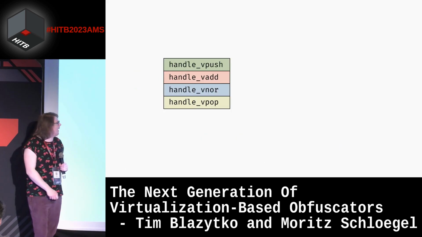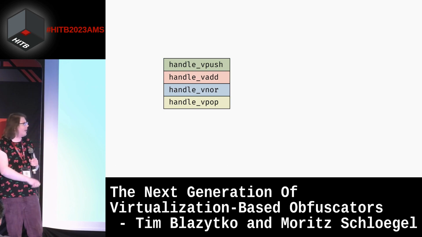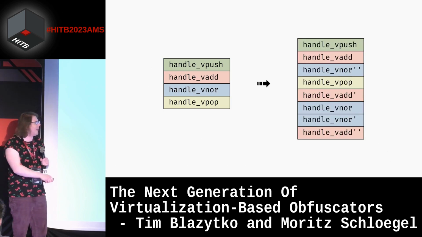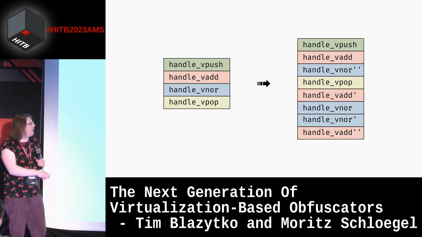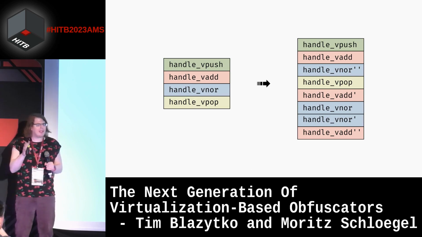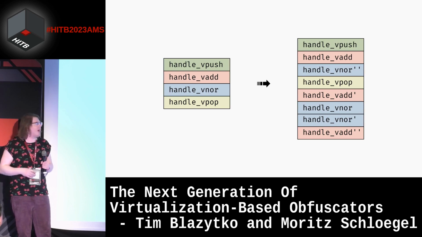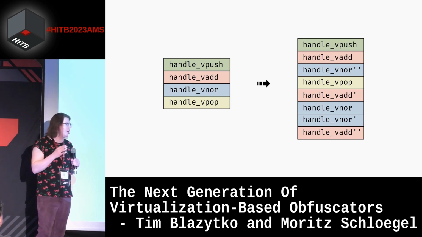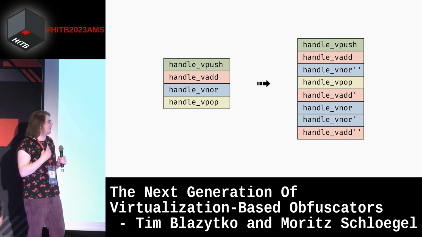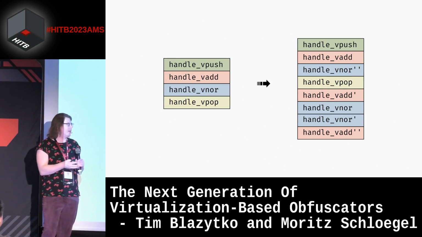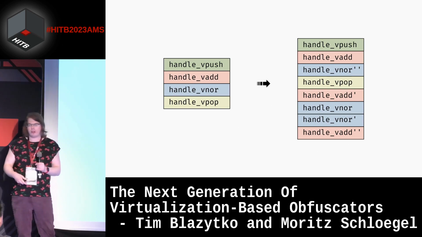So, instead of having some handlers, we just add some duplicates where all the different handlers also look a bit different because we insert other junk code or we apply different local obfuscation schemes. So in the end, we just make them syntactically different in representation and deploy some copies.